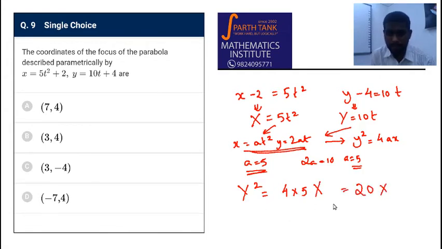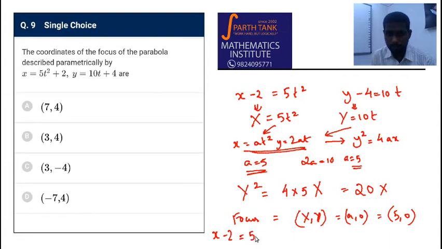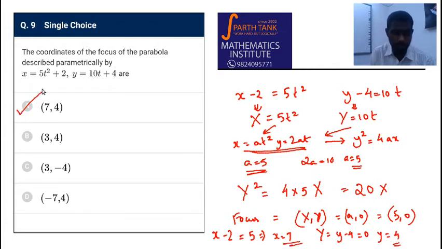Okay, for such a parabola, the focus, they are asking us the focus, x comma y is a comma 0 and a is 5, so 5 comma 0. Now we know capital X is x minus 2. So this gives x is 7. Capital Y is y minus 4. So y is 4. X is 7, y is 4, option A.